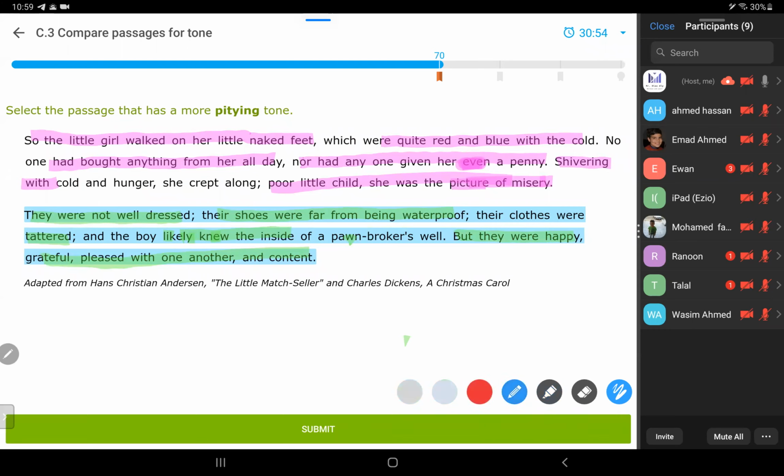Again, we are not discussing the girl in number one. We are discussing how the person who is telling the story feels about the girl. In number two, we are not discussing those boys or whoever. We are discussing how the narrator, the person who is telling the events, how he feels, not the boys. If you are ready, write your answer. We have the last one.